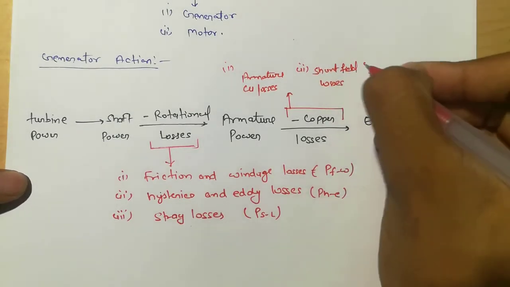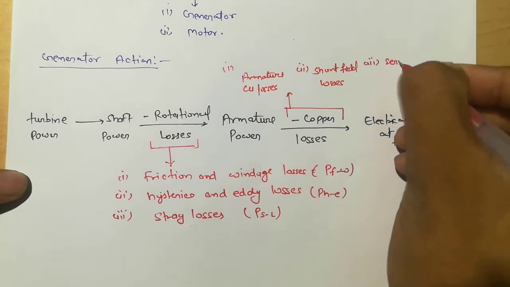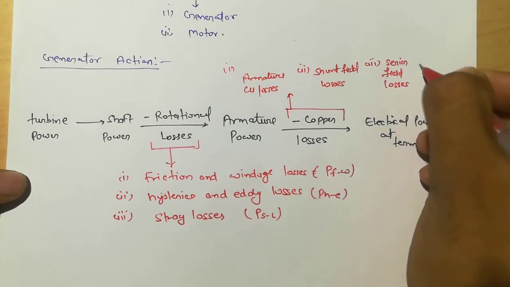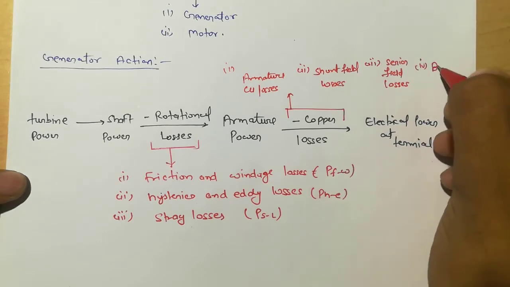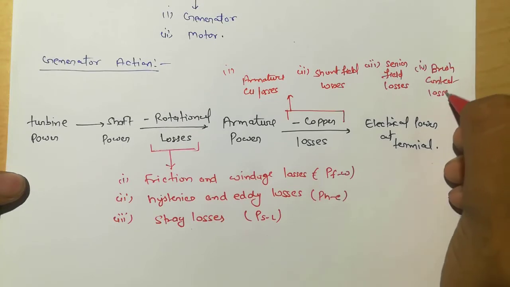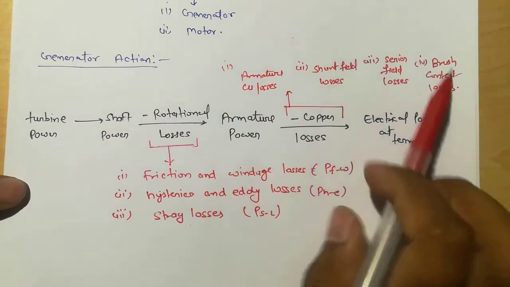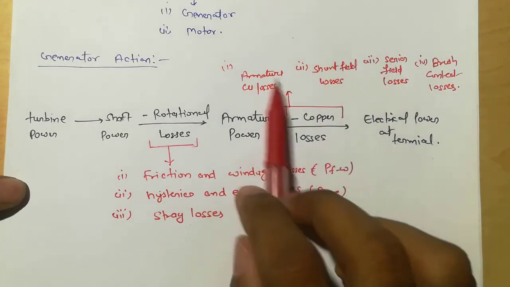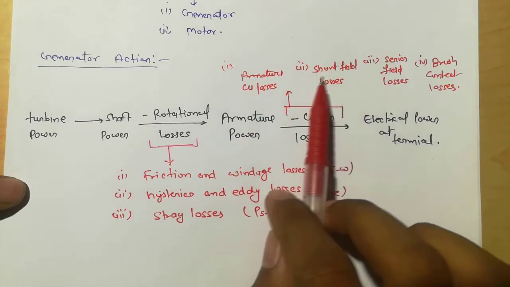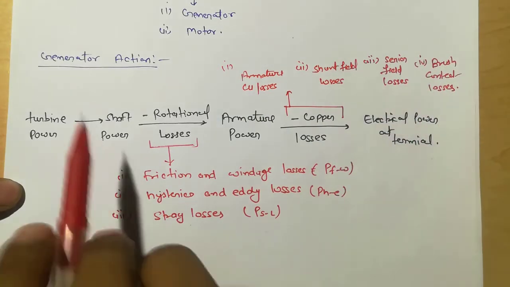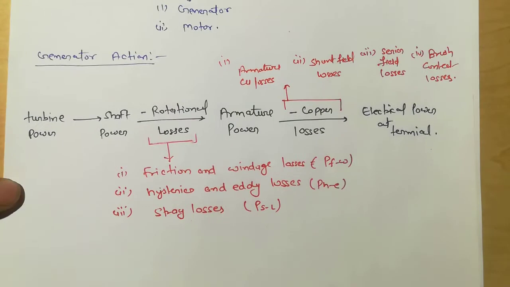The third one is series field loss, and the fourth one is brush contact losses. So the copper losses contain four types of losses: armature copper loss, shunt field losses, series field losses, and brush contact losses. So this is the generator action in the power balance of DC machine.